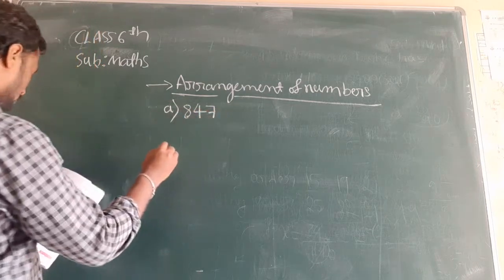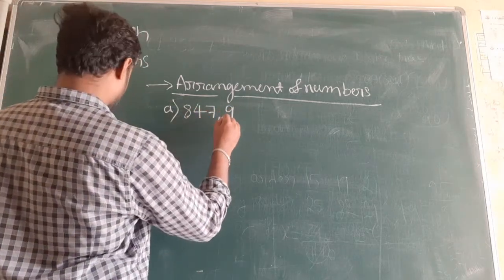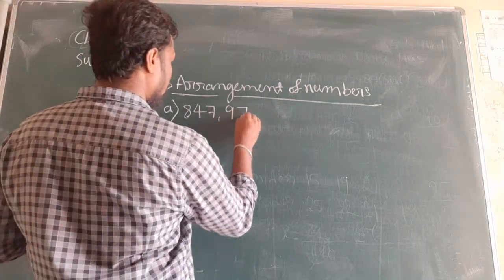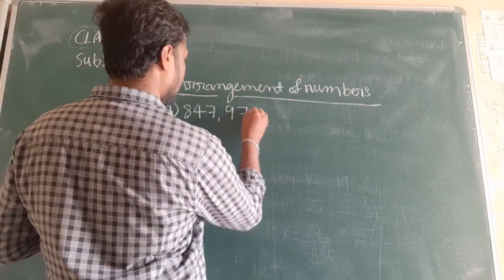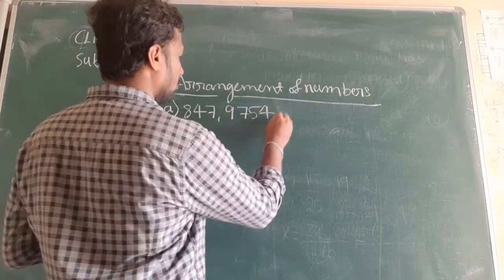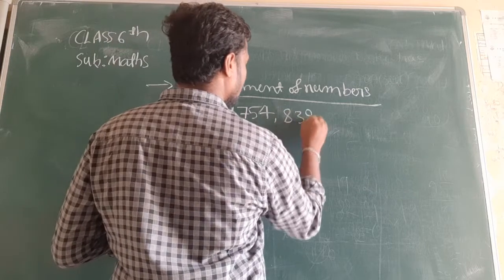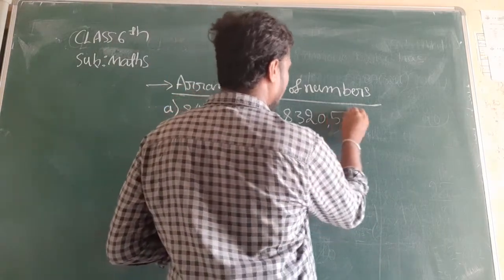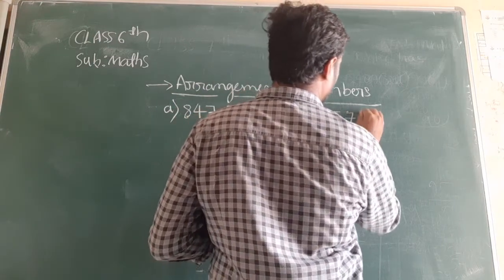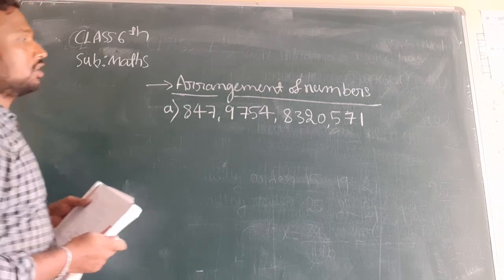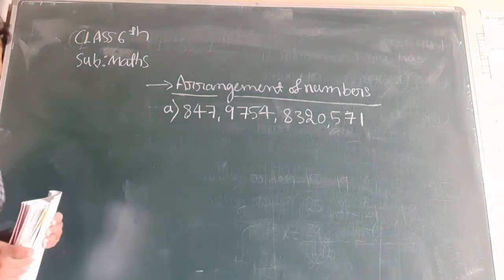847, 9,754, 8,320, 571. Okay, so now what is given, we have to arrange this in ascending order.